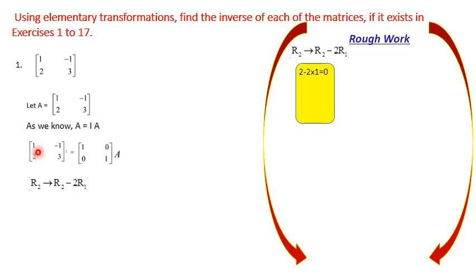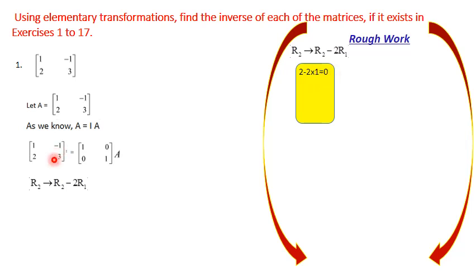R2 is 2 minus 2 into the corresponding element in row 1, which is 1. So 2 minus 2 into 1 is equal to 0.